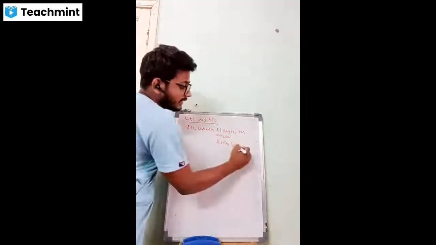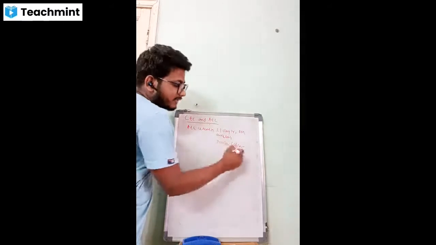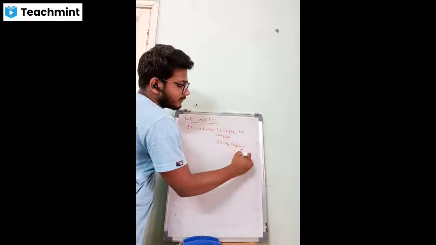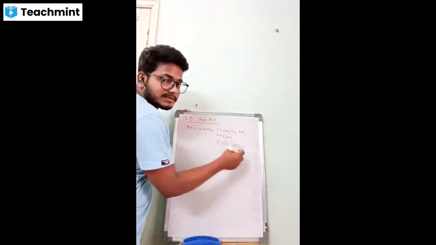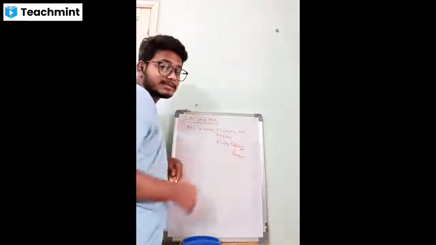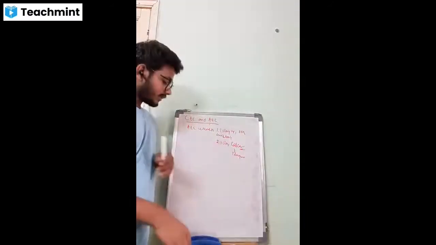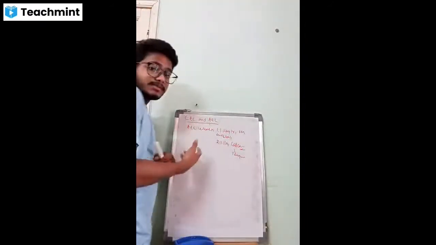In calcareous soil also the phosphate will be fixed, but that is temporary fixation. And the amount of fixation with the calcium is very low as compared to aluminum phosphate or iron phosphate.